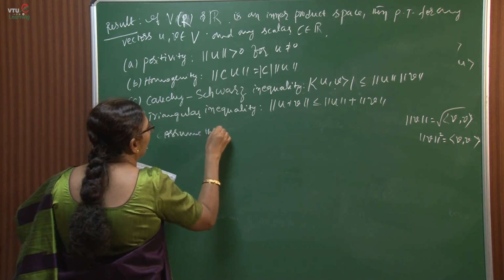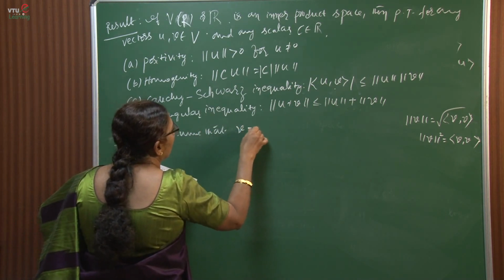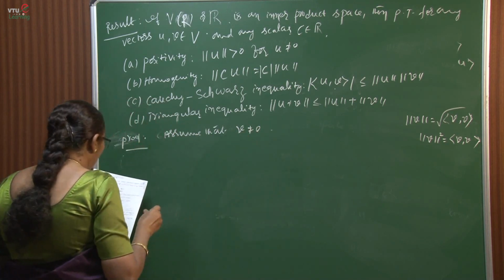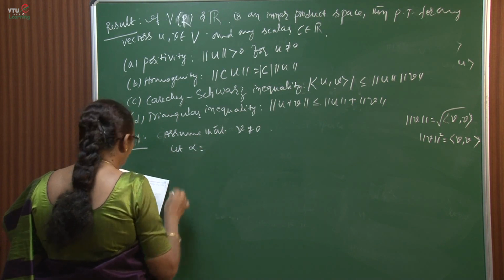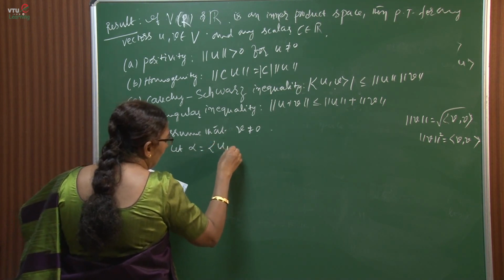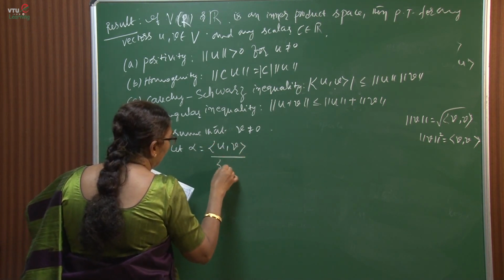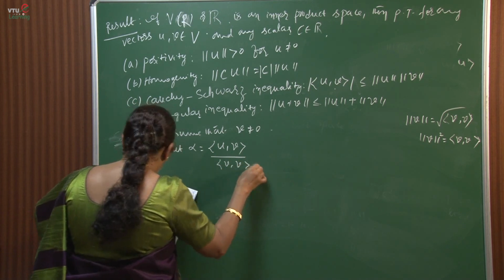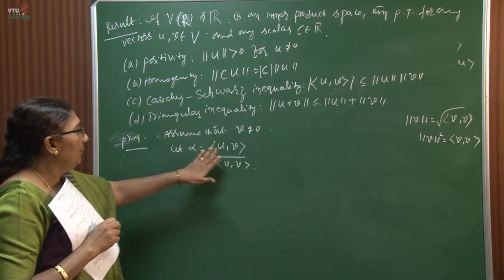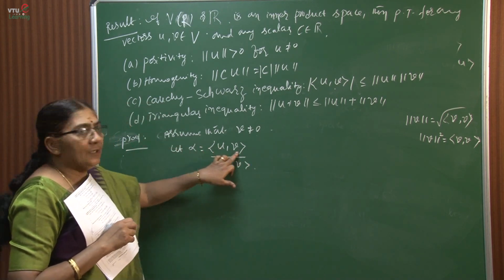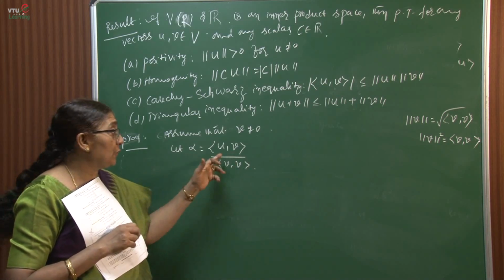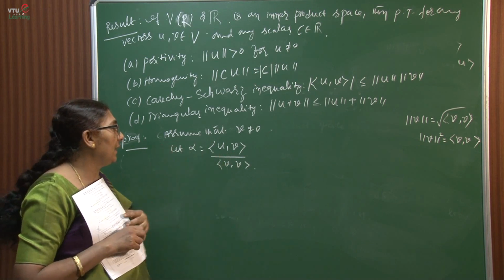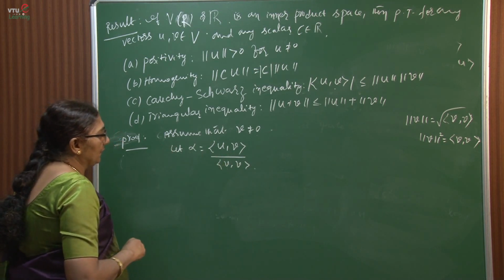Assume that v is not equal to 0. Let me choose alpha as the inner product of u comma v divided by the inner product of v comma v, just like a projection value, the projection of u on v.